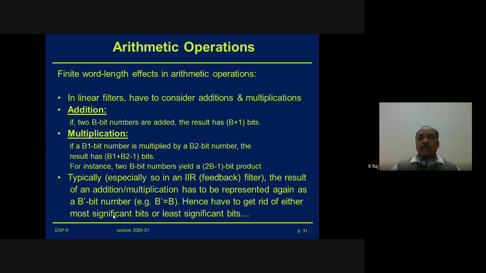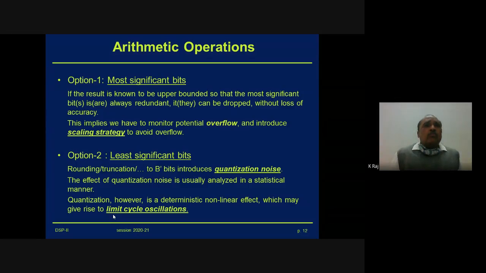So there is a need to get rid of either the most significant bits or the least significant bits. If we discard the most significant bits, what will be the effect?